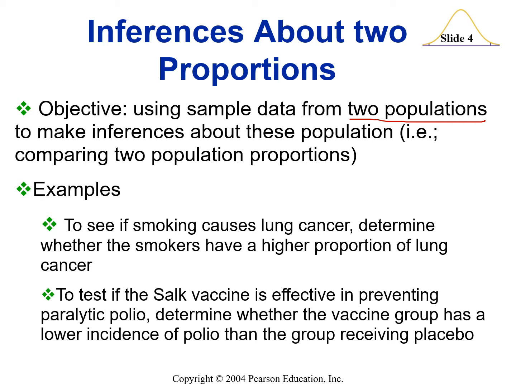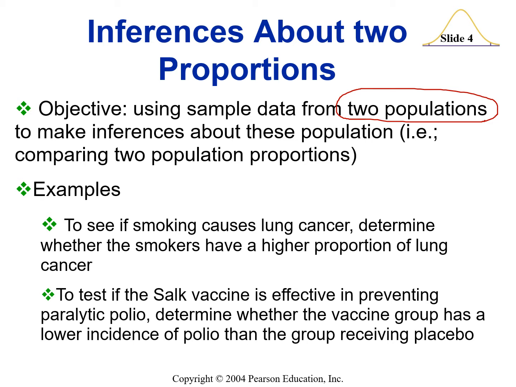That means comparing two population proportions. In this lecture, we are going to make a statistical test to examine significant difference between two population proportions. That means we have two different populations, and the objective is to examine significant difference between the population proportions.